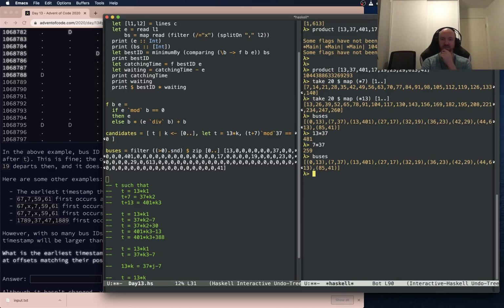So I have my buses. 13. I feel like there's some way of saying they missed by this much, therefore we must jump ahead this many buses.